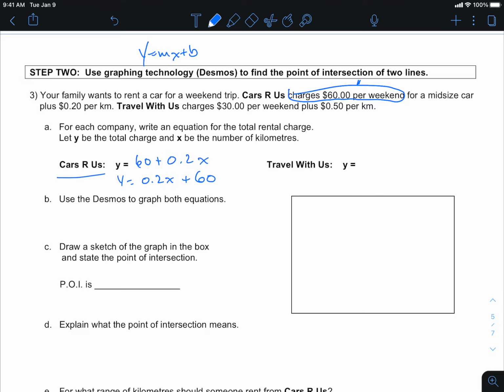You can see some more information in red. Travel with Us is going to charge you $30 for the weekend, so you could write 30 plus, and they're going to charge you a bit more per kilometer though, 50 cents, so 0.5x. You could rewrite that if you'd like to.